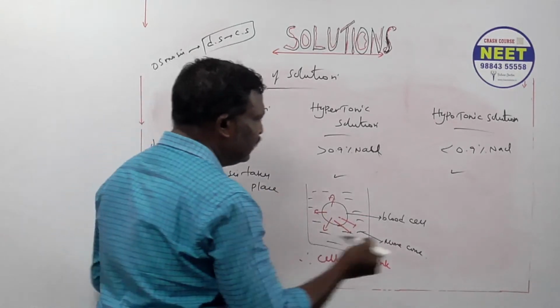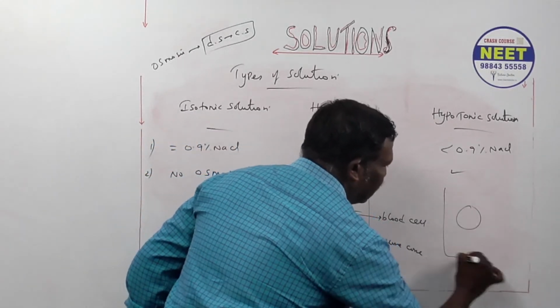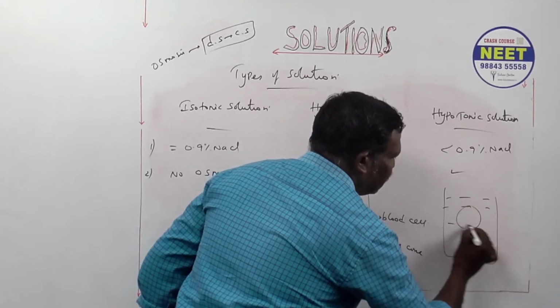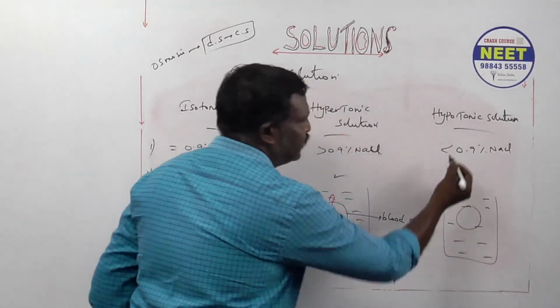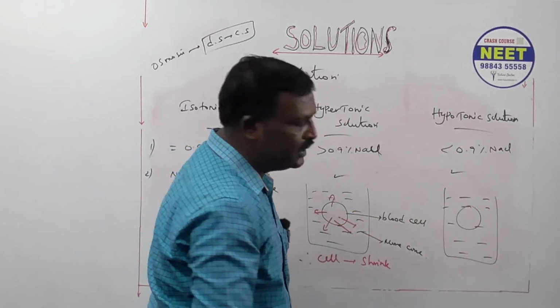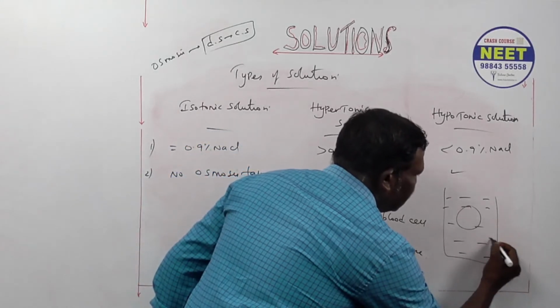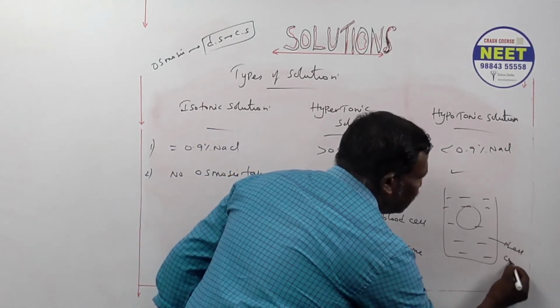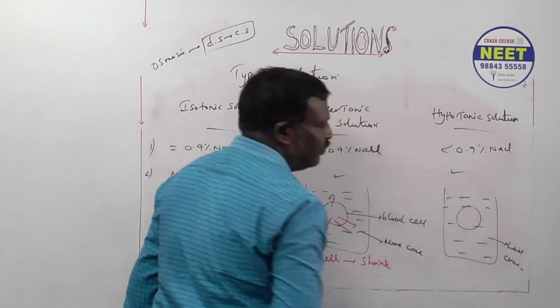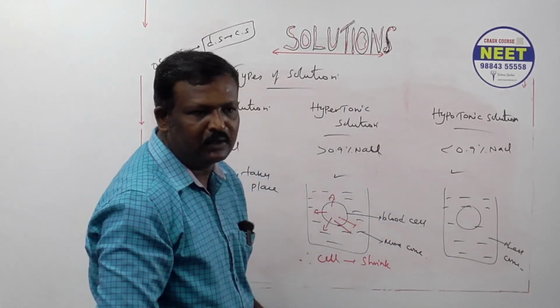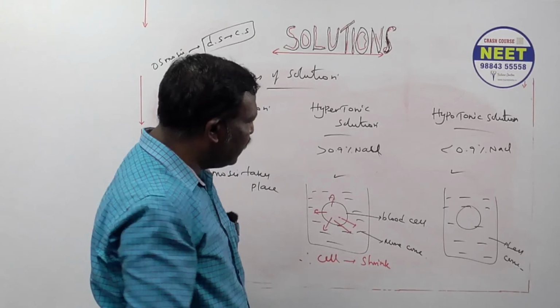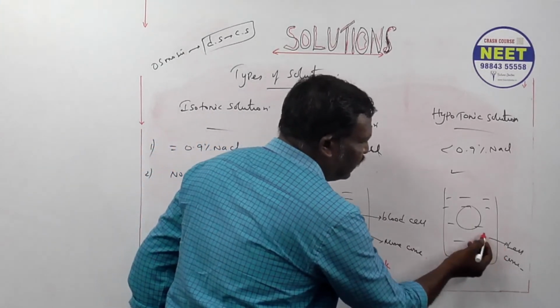Now come to this side. Here it's a blood cell. I am taking blood cells in one solution. The solution is less concentrated, which means inside has higher concentration. So what happened here?